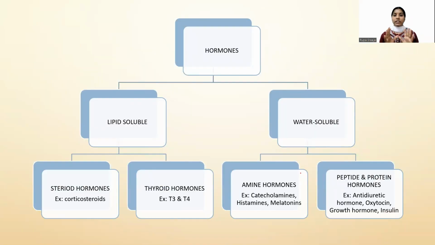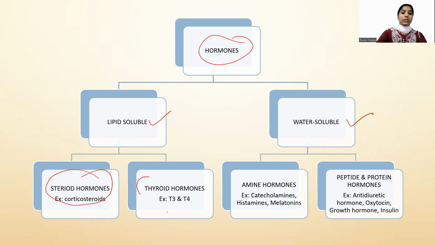Here I have shown you in the form of a block diagram. Hormones are divided into lipid soluble and water soluble hormones. Again, lipid soluble hormones are divided into steroid hormones and thyroid hormones. Why are these lipid soluble?